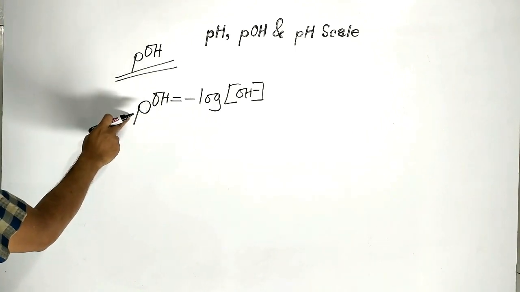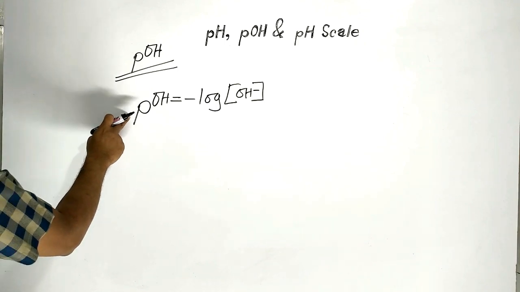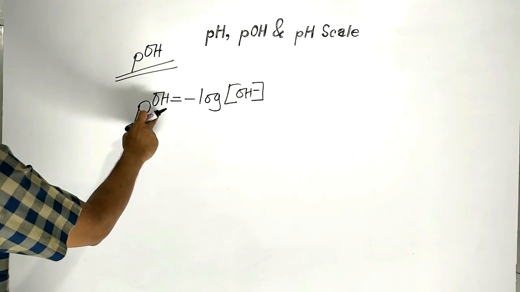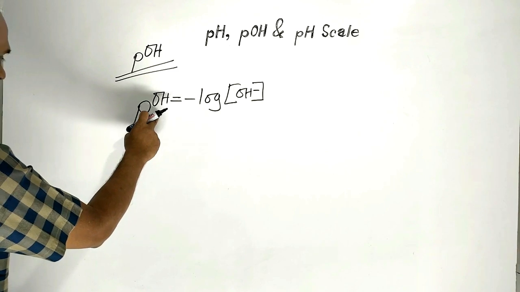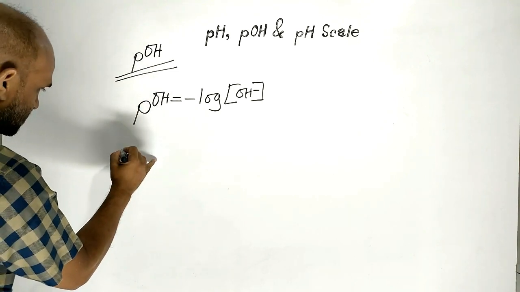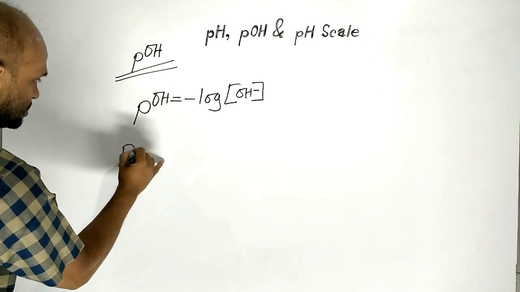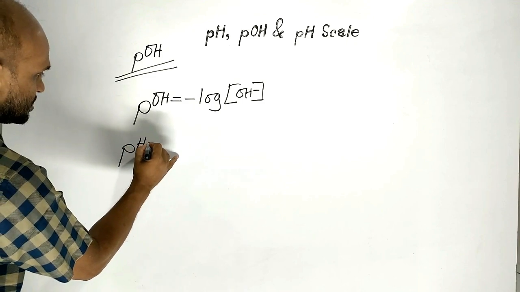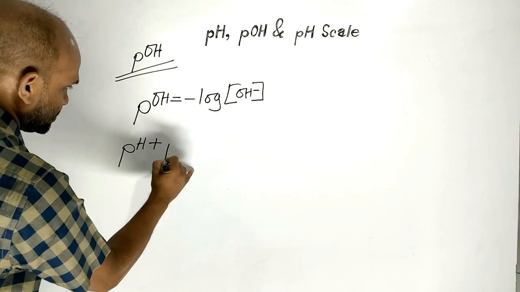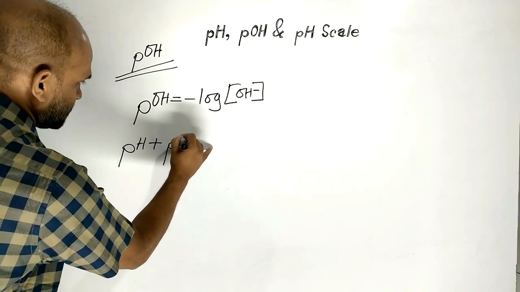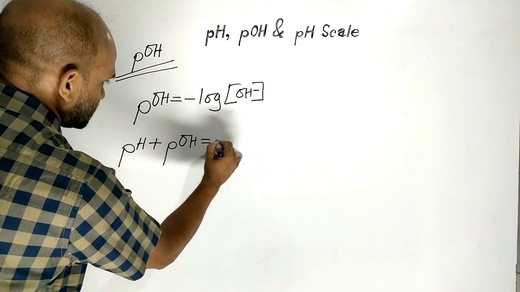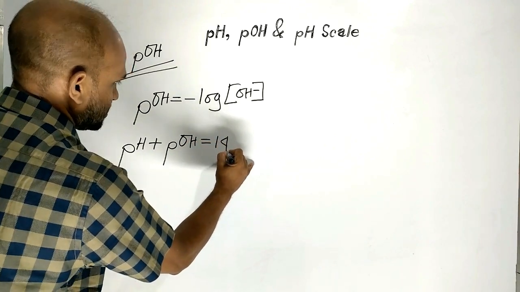Here, p stands for power of hydroxide ion. pOH supports pH in this way: pH plus pOH is equal to 14.